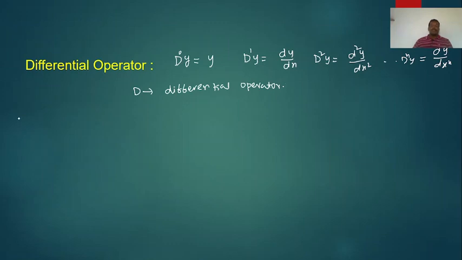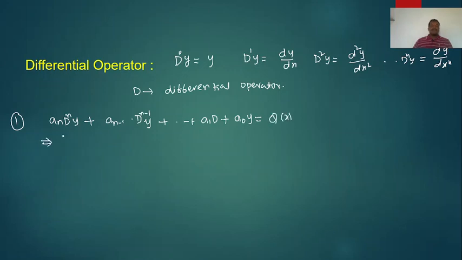Now equation 1 becomes, by using the above concept, a_n D^n y + a_(n-1) D^(n-1) y + ... + a_1 D y + a_0 y = Q(x).